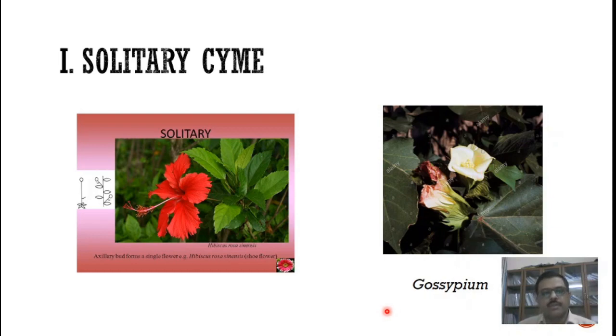So these are solitary cymes, and here in this illustrative representation we can see terminal solitary cyme and axillary solitary cymes. So solitary cymes do not appear as a group of flowers, they are only single flowers.